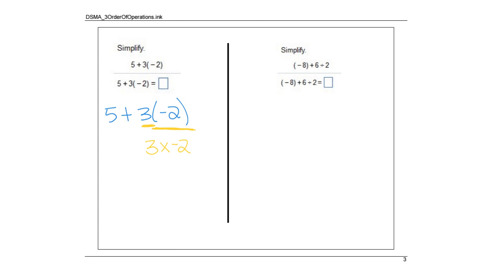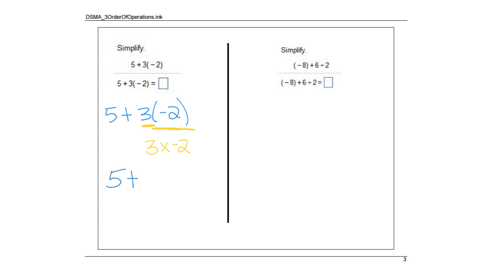So a number sitting right in front of the parentheses is really multiplication. We don't have any exponents, so let's go ahead and take care of multiplication. Then we have 5 plus out front. We can't take care of that yet.